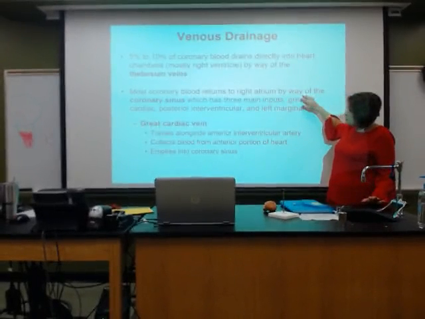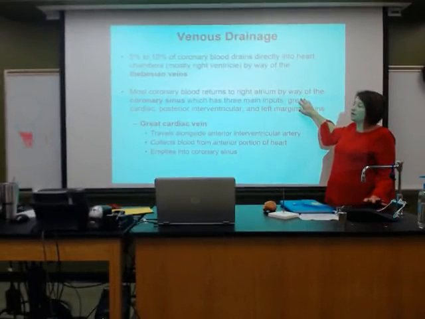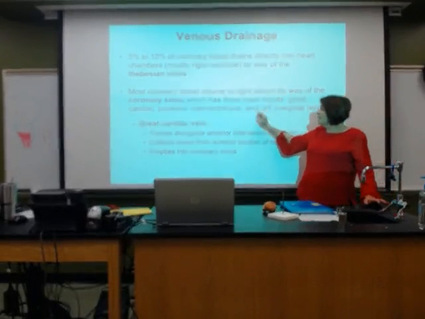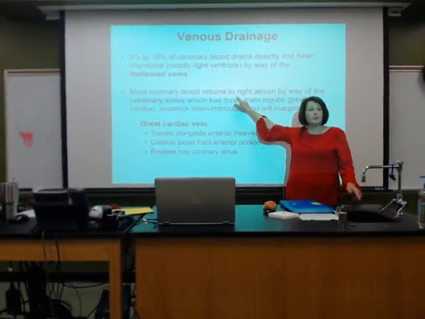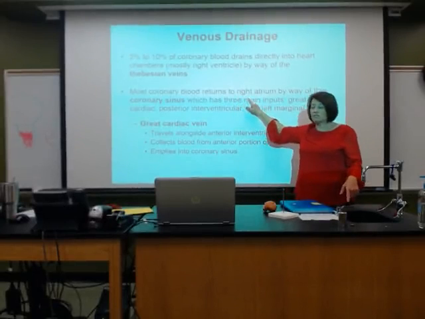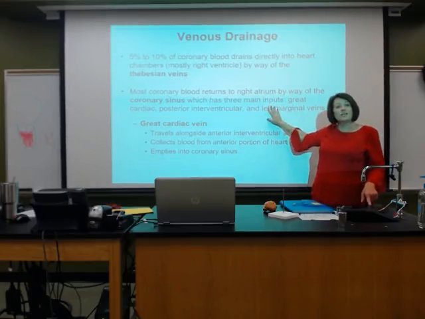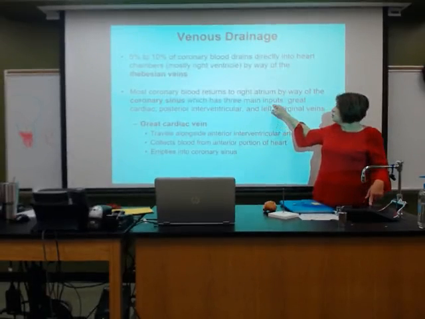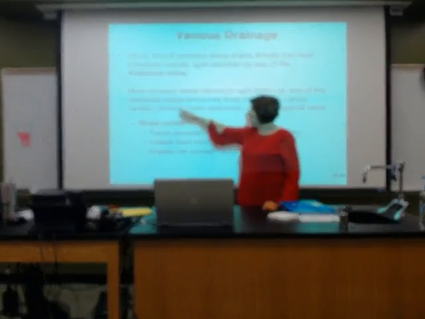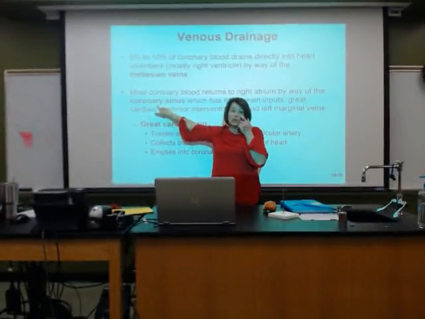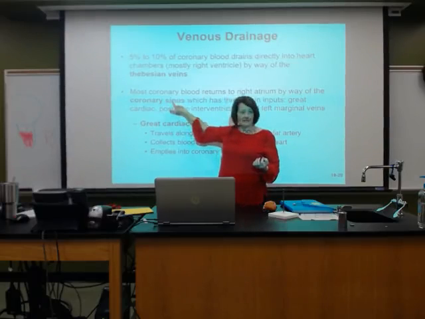So when we look at the coronary blood flow, once again, all blood flow of the body returns to the right atrium. For the coronary circulation, we are going to have something known as the coronary sinus.